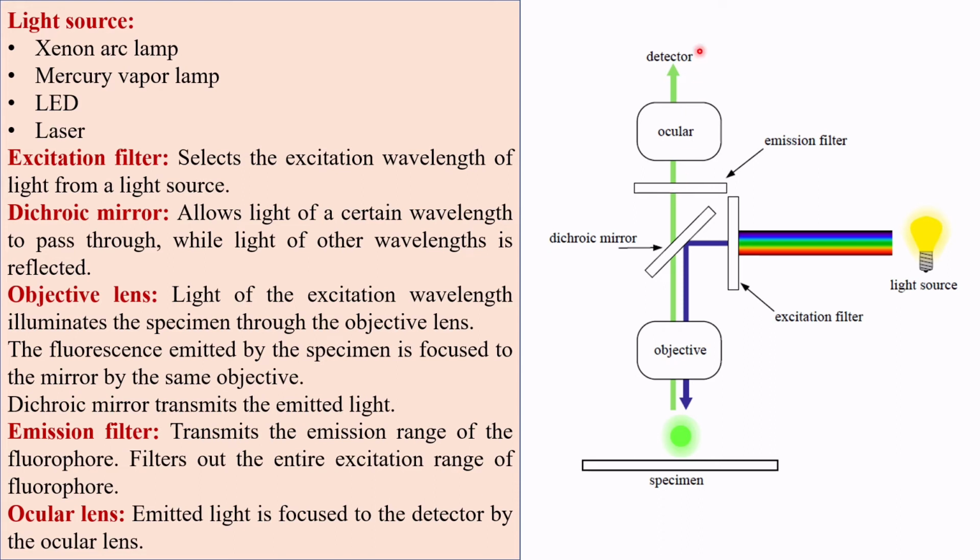Sometimes some of the excitation light tends to pass through. Hence the emission filter is used to block unwanted traces of excitation light. Ultimately, the emitted light is focused to the detector by the ocular lens. The detector detects the fluorescence and we can see a beautiful fluorescent image. Okay.